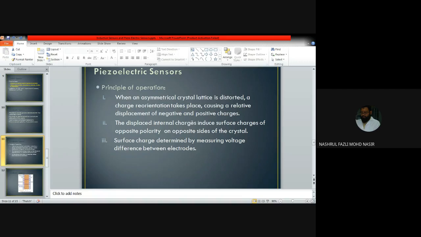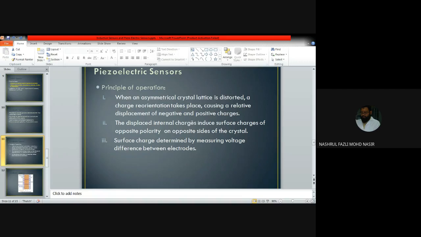So there's something mechanical happening, but it results in changes in the charges of the material.